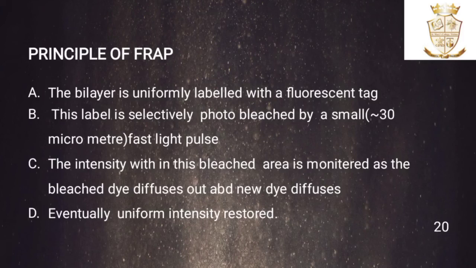This label is selectively photobleached by a small 30 micrometer fast light pulse. The intensity within this bleached area is monitored as the bleached dye diffuses out and new dye diffuses in. Eventually, uniform intensity is restored. This is the principle of FRAP.